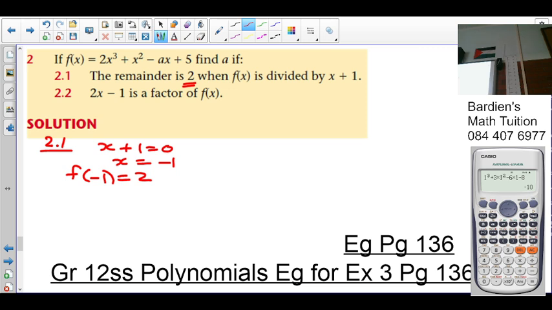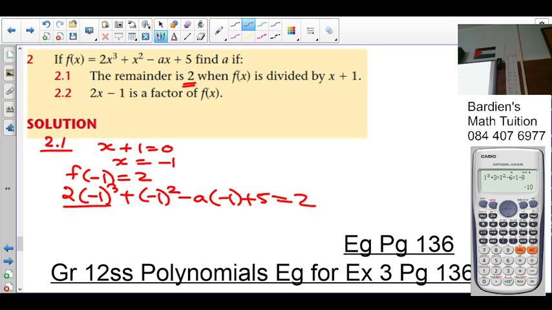So what does that mean? If I see x, I put the negative 1. That would simply be 2 times negative 1 cubed plus negative 1 squared minus a times negative 1 plus 5, and is equal to 2. So that's going to give you negative 1 times 2 is negative 2.